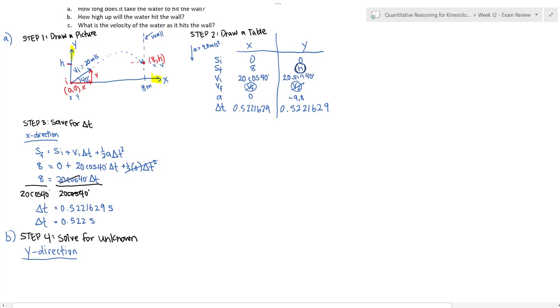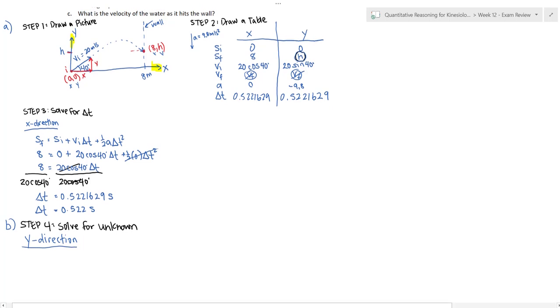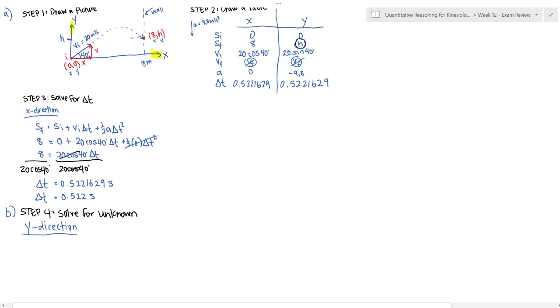So when we do this, we're going to use the same equation as before, the one that doesn't have v final in it, which was the first equation. S final equals S initial plus V initial delta t plus 1/2 a delta t squared. So our S final is h. That's what we're looking for.